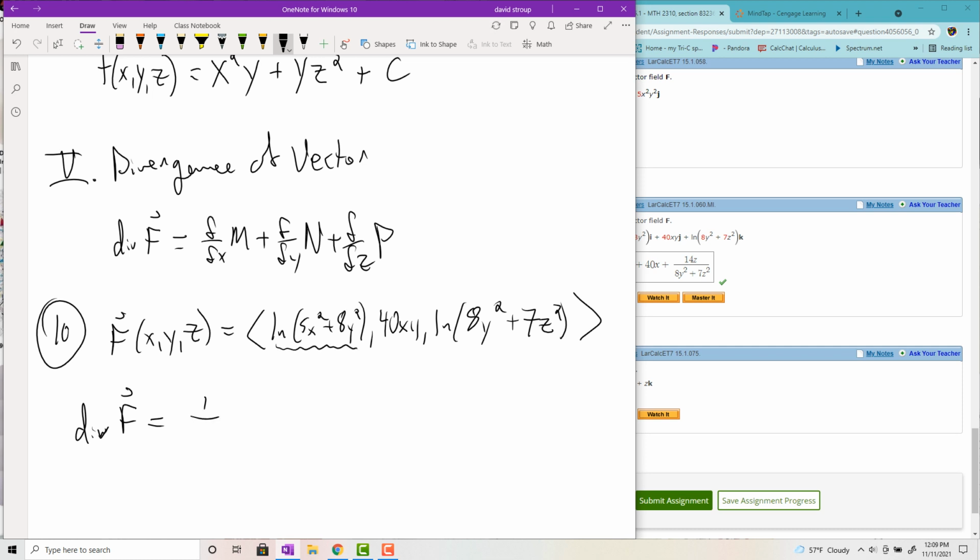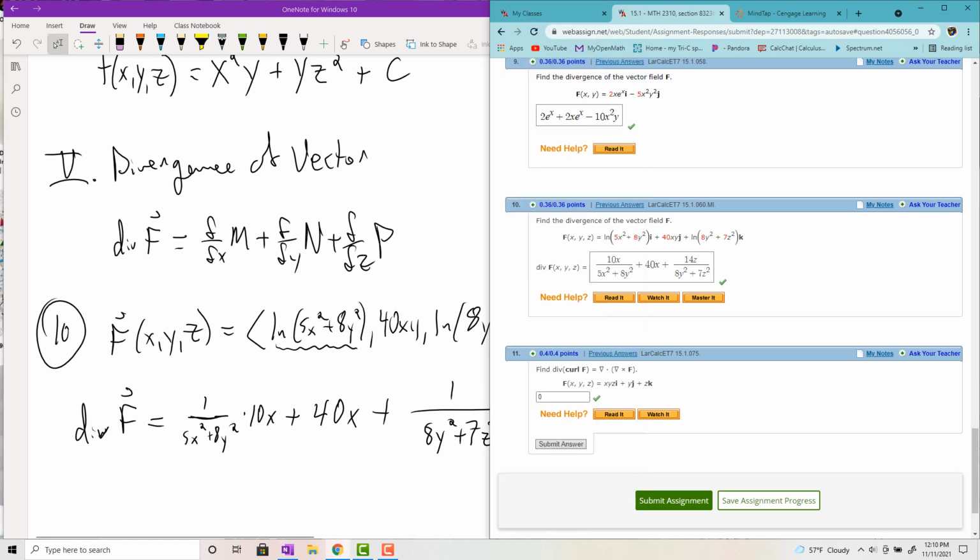So it'd be 1 over 5x squared plus 8y squared times the derivative of the denominator with respect to x, 10x, plus the next one with respect to y, which is 40x, plus the last one with respect to z, that'll be 1 over 8y squared plus 7z squared times the derivative of that denominator with respect to z, 14z. You can clean it up a little, but that's pretty much it.